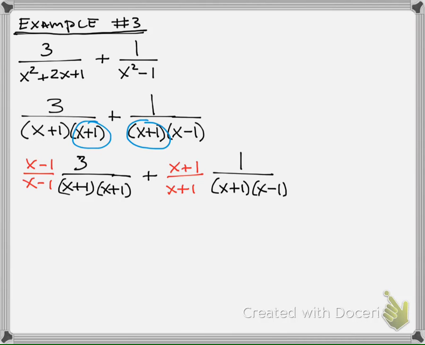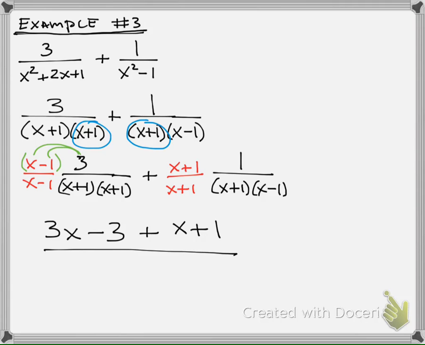Alright, now distributing in the parentheses, I'm going to end up getting 3x minus 3 for the first numerator, plus, I can distribute a 1 in, but it's going to stay the same, so I'm going to say x plus 1, and my denominator is x plus 1, x plus 1, x minus 1.